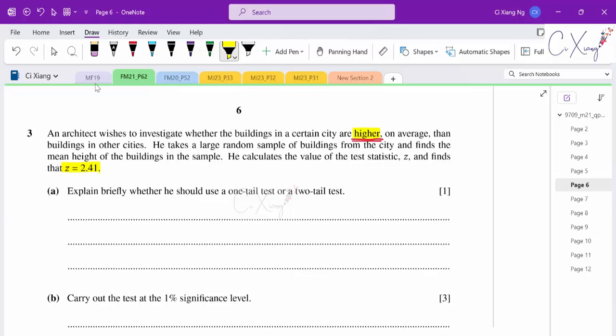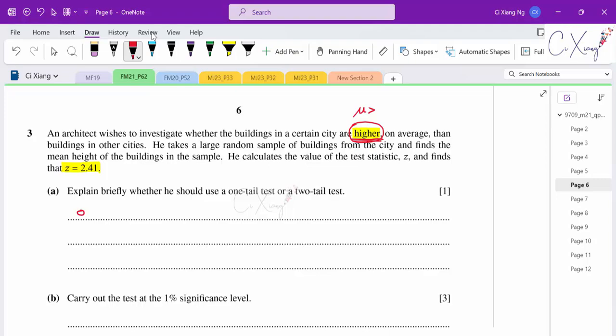Right. Okay, so for the first question, they want us to explain briefly whether he should use a 1-tail test or 2-tail test. I think it is quite obvious, because when you see the keyword higher, that means basically they want to test whether the population mean for that particular city is more than something or not. Higher means greater than. So for the sign greater than, you can see that we are going to run the test for the right hand side only, which is a 1-tail test.